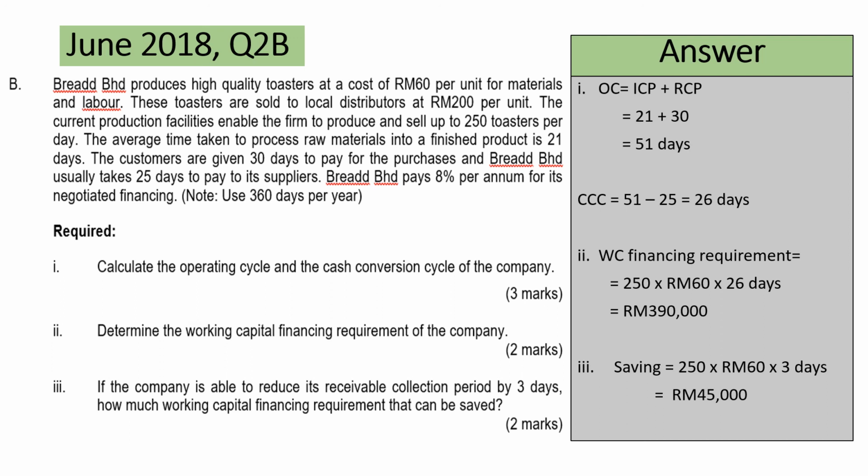So 250 production units per day times the 60 ringgit cost per unit times 3 days. So the saving is 45,000 ringgit. So therefore, if we are able to shorten the CCC, we actually save costs in the company's cost.